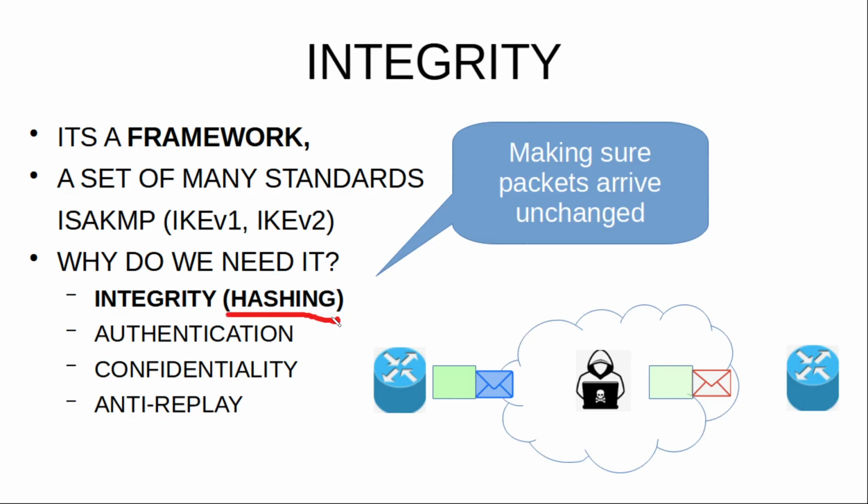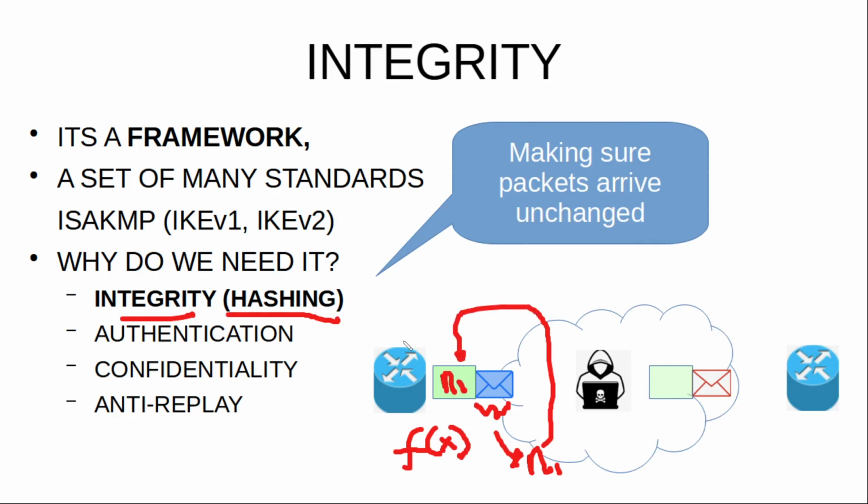When we read the term hash, we need to immediately think of integrity. What these hashing algorithms do is reading the contents of a packet, then apply a set of mathematical functions and come up with a number. We are going to store this number into a new header field. Let's call it integrity check value.